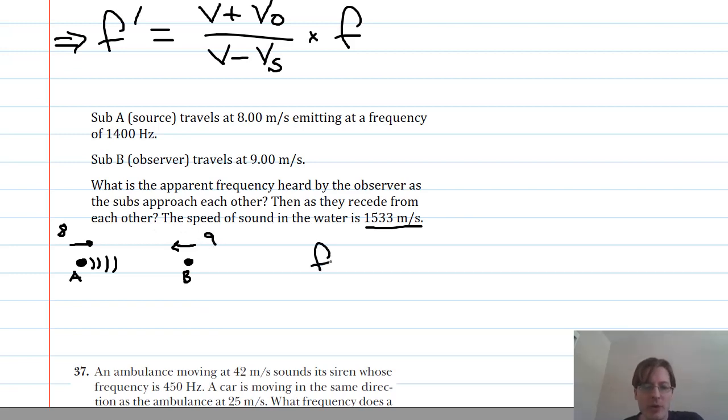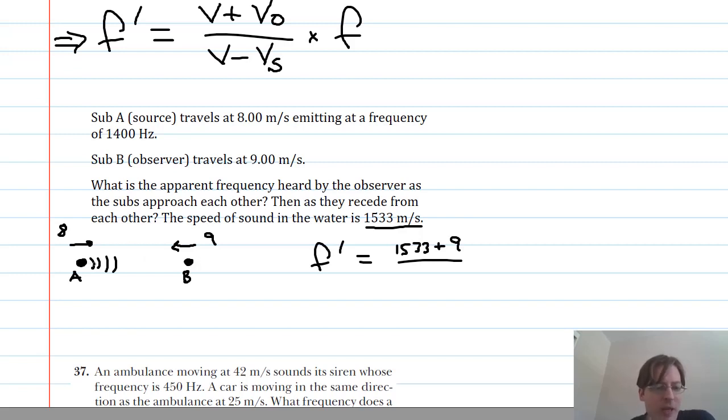So I'll first calculate the frequency heard by sub B. Okay, in the numerator, this involves the speed of sound that the observer would measure. Sub B is heading into the sound waves, so it's going to pick up a boosted speed of sound. I would plug in 1533 plus 9 in the numerator. Now, sub A is moving to the right, and B is listening in front.